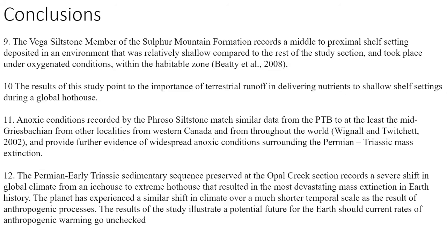The results of the study point to the importance of terrestrial runoff in delivering nutrients to shallow shelf settings during a global hothouse. Anoxic conditions during the Phroso match similar data from the Permian-Triassic boundary, at least within the Grisbakken for Wignall and Twitchett, that they essentially assessed; Wignall was in Ursula Creek.